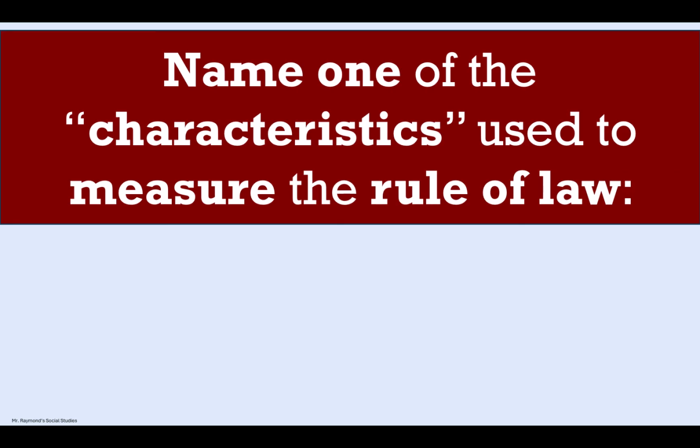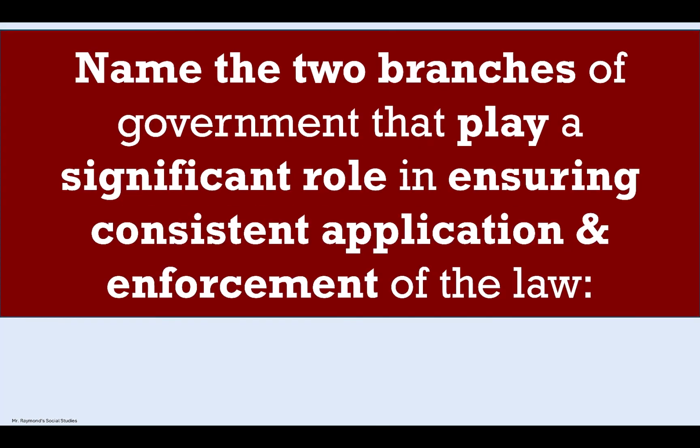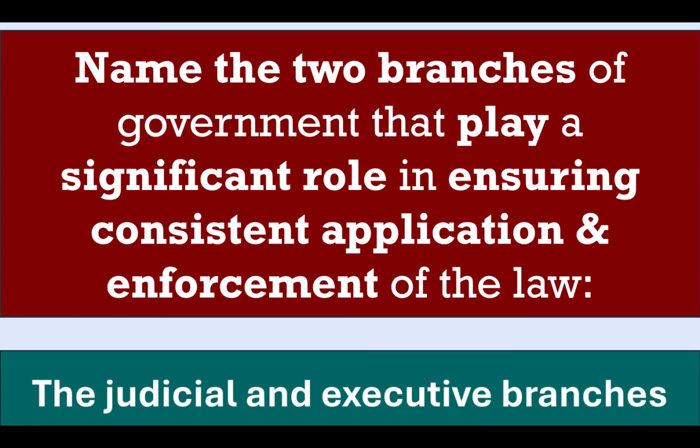So, accountability to the law, consistent application and enforcement of the law, decisions based on the law and fair procedures, and transparency of institutions. Name two branches of government that play a significant role in ensuring consistent application and enforcement of the law: the judicial and executive branches.